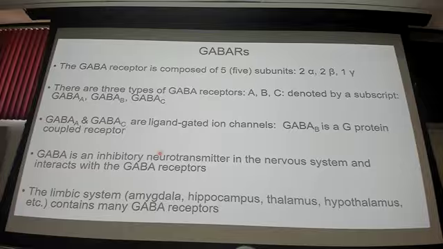There's 3 different types. GABA A and GABA C are both ion channels, and GABA B is a G protein coupled receptor. GABA is the major inhibitory neurotransmitter in the nervous system, and it's found throughout essentially all areas of the brain.